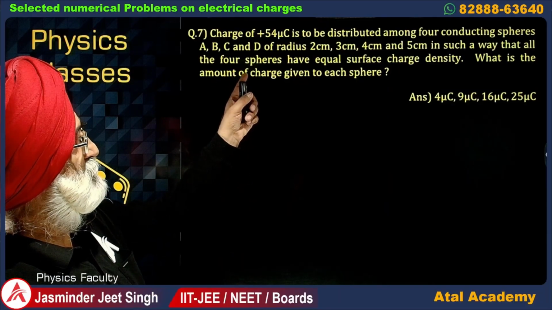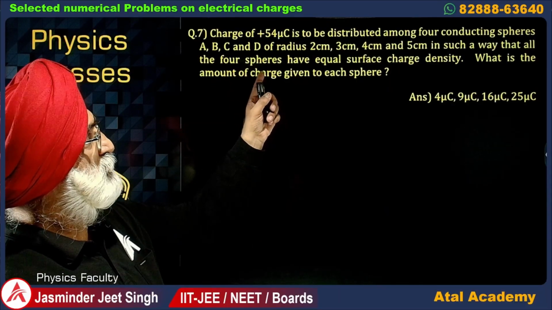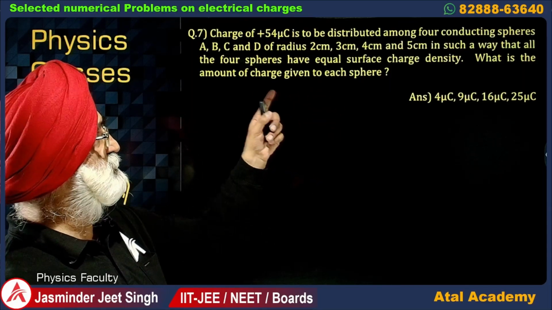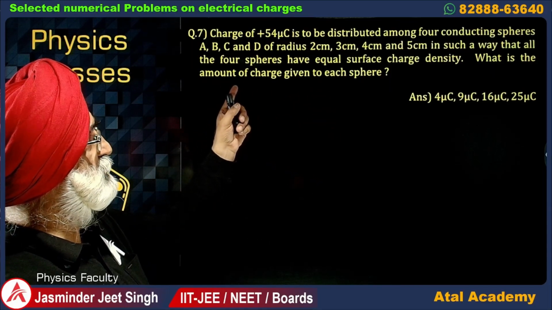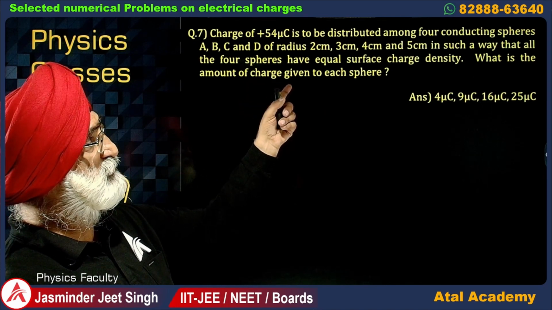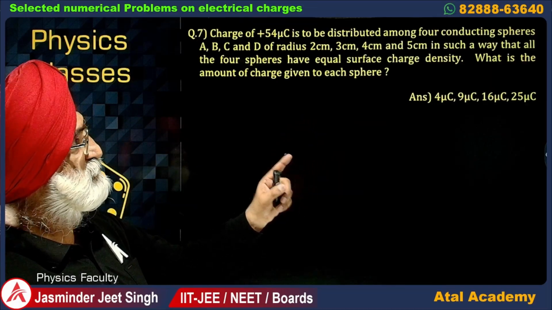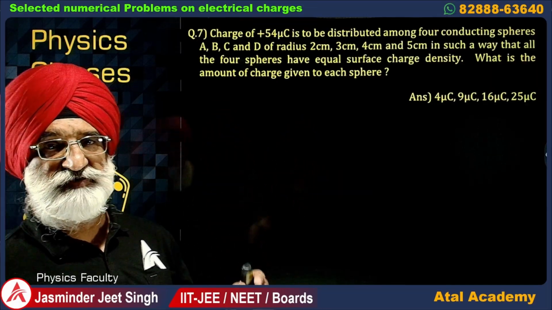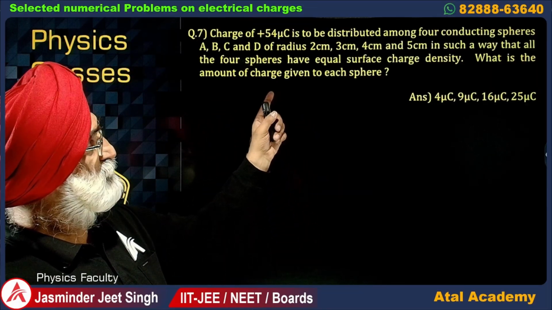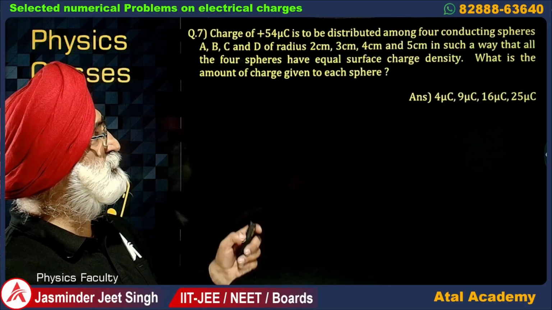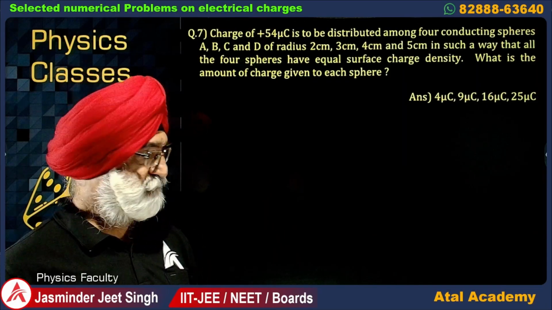Numerical number 7. Charge of plus 54 microcoulomb is to be distributed among 4 conducting spheres A, B, C and D of radius 2 cm, 3 cm, 4 cm and 5 cm in such a way that all the 4 spheres has equal surface charge density. What is the amount of charge given to each sphere?